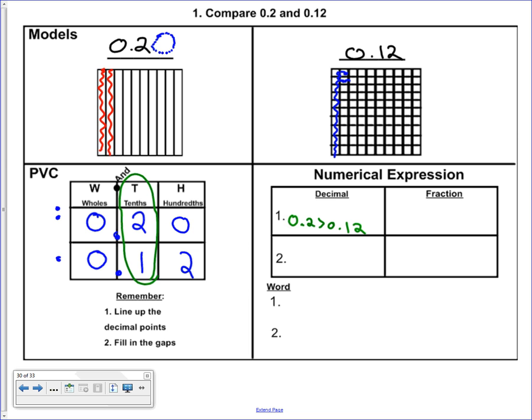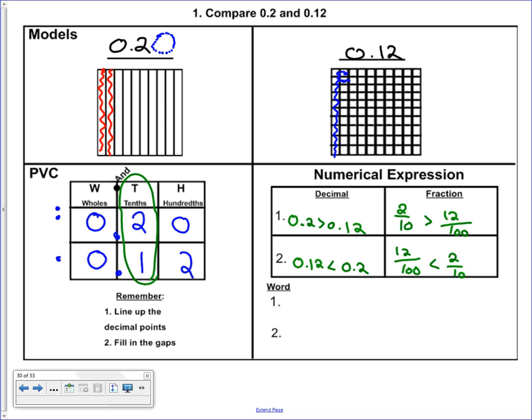As a fraction, 2/10 is greater than 12/100. Other decimal form, so flip it around. 12/100 is less than 2/10. 12/100 is less than 2/10.